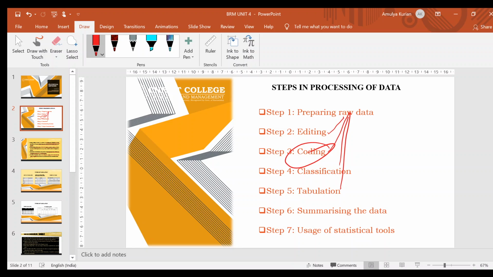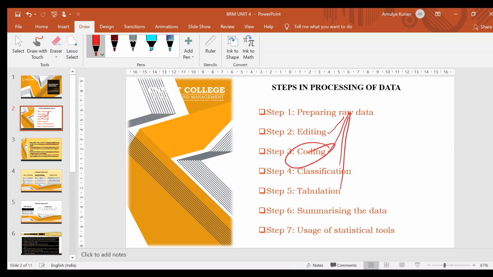Sometimes, even before the collection of data, there will be a predefined coding system which you will have already made. So, those numbers and symbols which are related to the answers of the responses should be grouped in order to have a limited number of classes or categories.